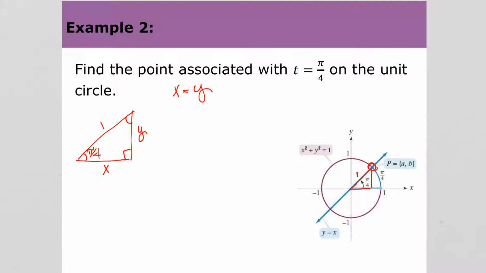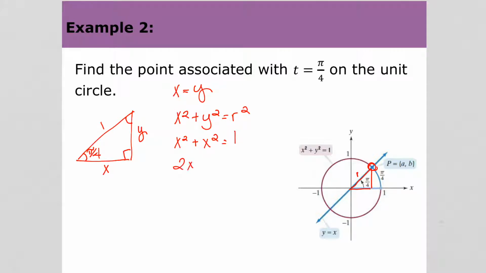Now, since this is a right triangle, we can use the Pythagorean theorem, x squared plus y squared equals r squared, and find x and y. And why is it easier for us to find x and y? Because x and y are equal. So we can plug in x for y. And r is 1, so r squared is 1.